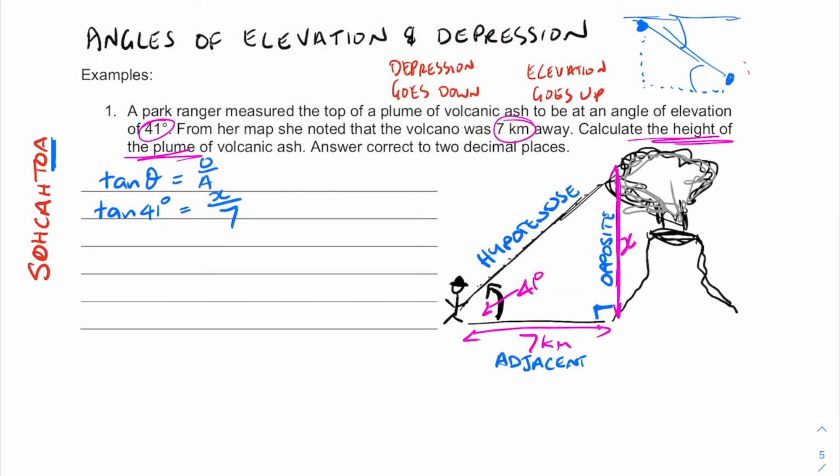I'm going to multiply both sides by 7. Why? Well, I've got on one side an x divided by 7. Now that I've done that, I end up with 7 tan 41 equals x.